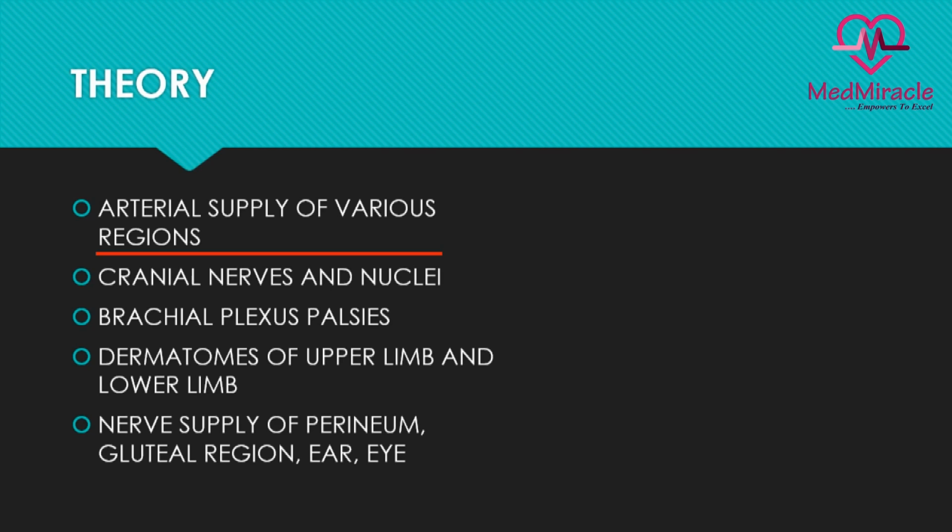The arterial supply of all the regions is very important, but the major vessels are the top priorities. The major vessels include the aorta, the subclavian, the carotids. These and their further branches, the initial branches of all the major vessels, constitute an utmost important part of anatomy and the questions that are asked.